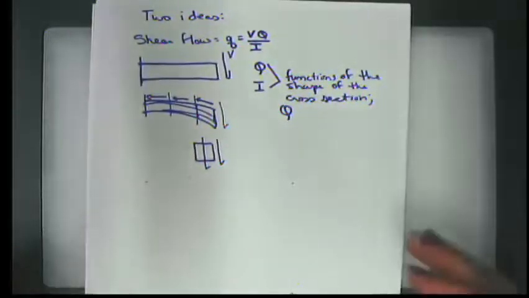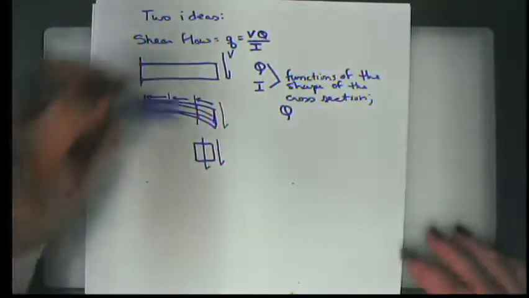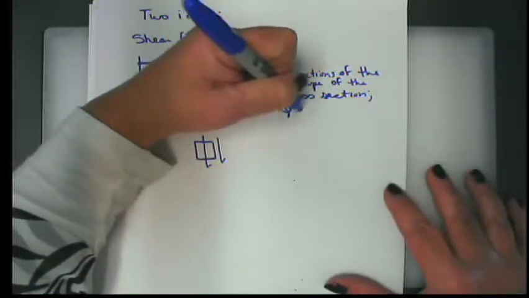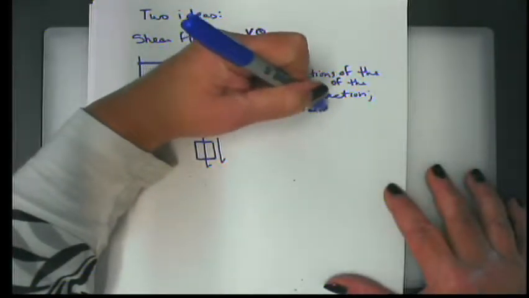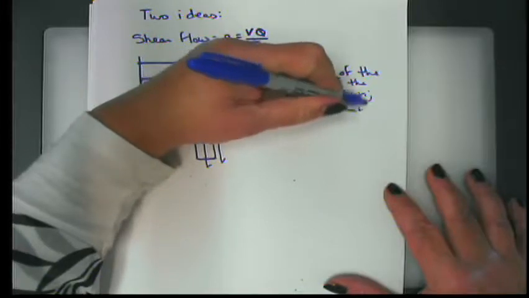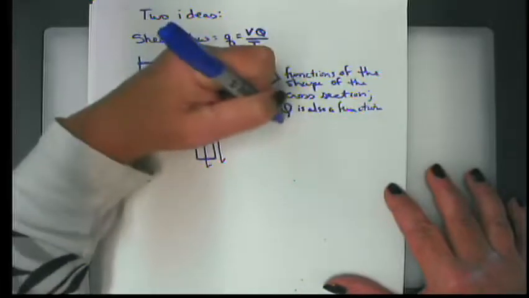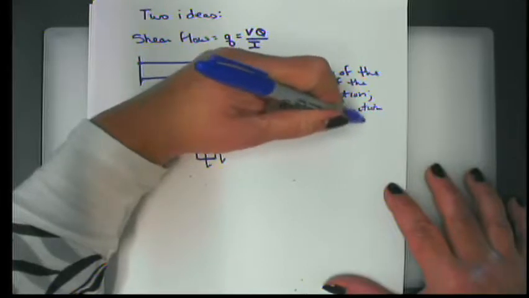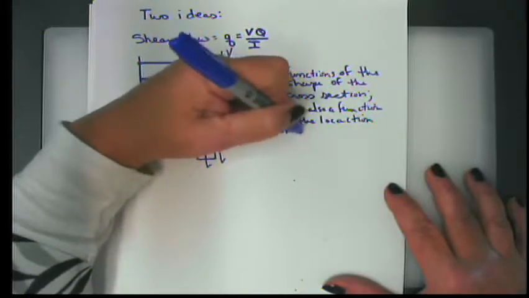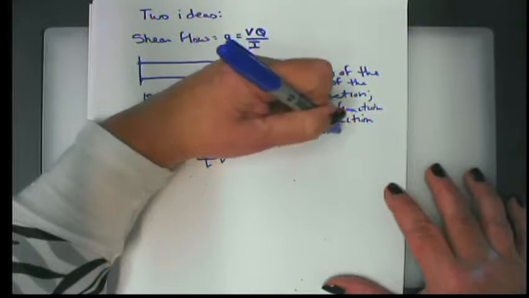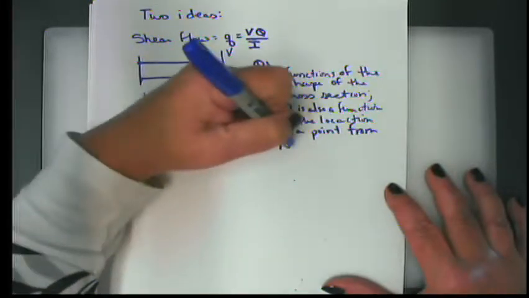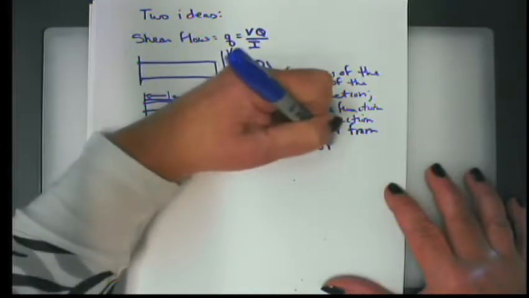We're going to define them mathematically so that you're able to find out what they are. But Q is also a function of the location of a point from the neutral axis of the cross section.